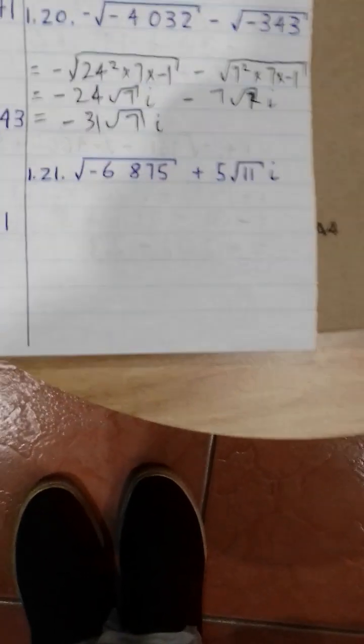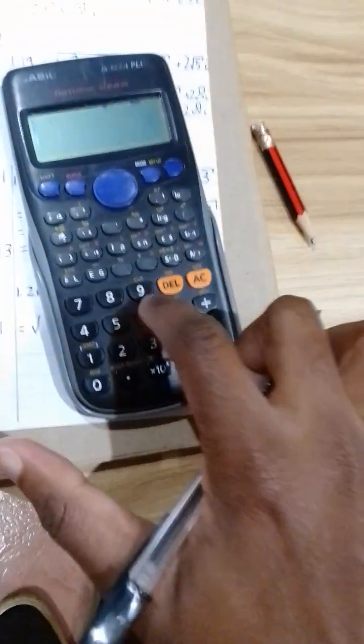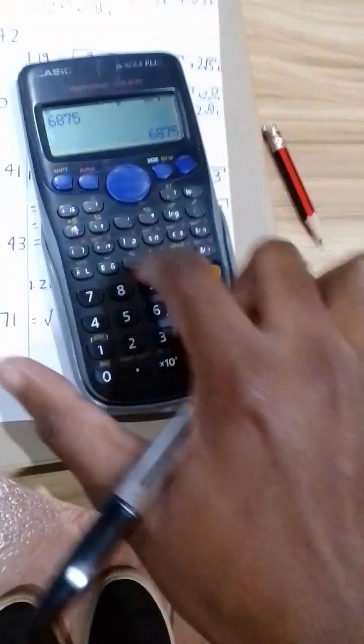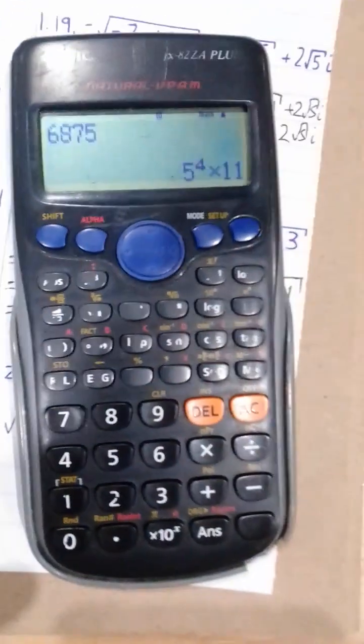Hope that makes sense. The last one for now is square root of negative 6875, plus 5 square root of 11 i. So this is square root of 6875, which is 5 to the power of 4, that is 25 squared, times 11 times negative 1, plus 5 square root of 11 i.